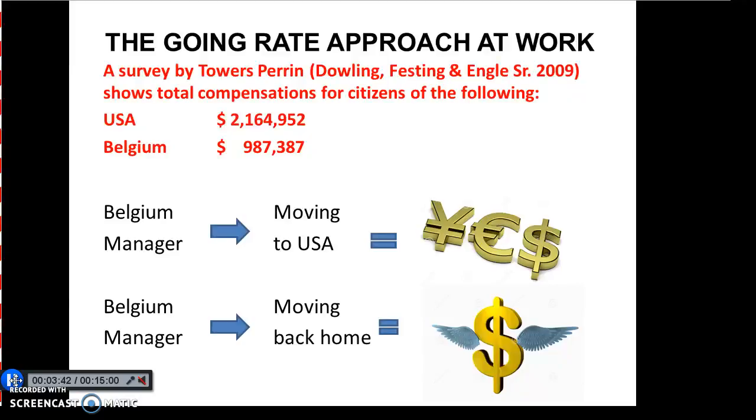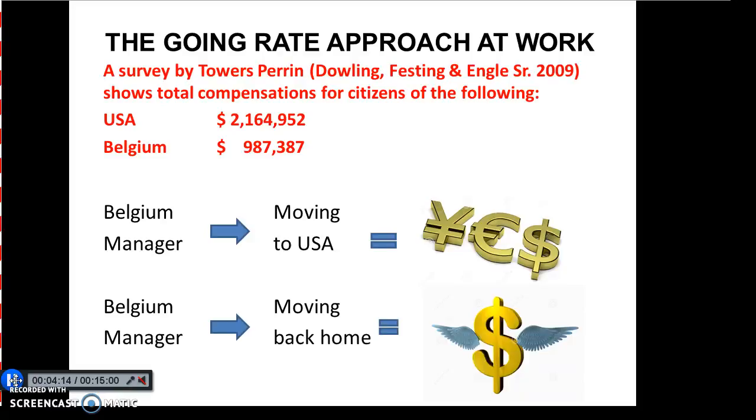Let's look at the going rate approach at work. In a survey by Towers Perrin, according to Dowling, Festing, and Engle, it shows the total compensation for the citizens of the following two countries. In the US, an expatriate can make up to $2 million per annum, whilst an expatriate coming from Belgium makes up to $987,000.